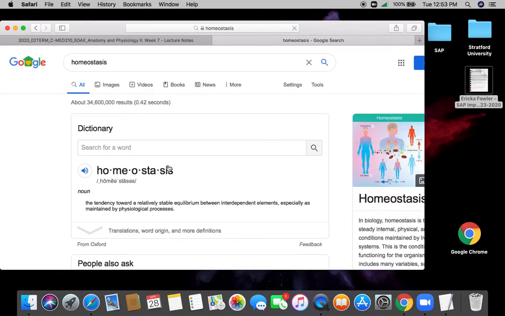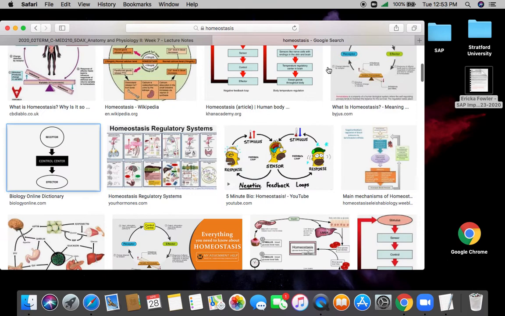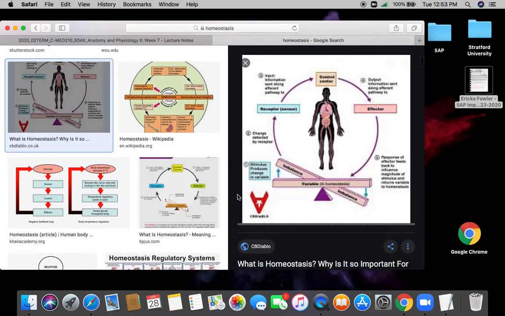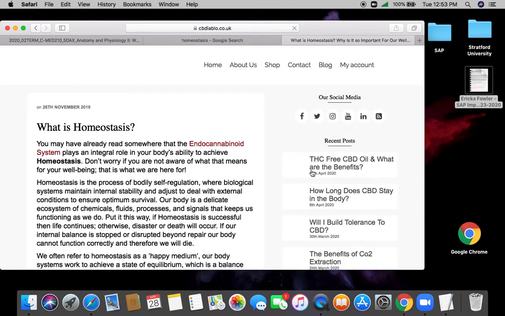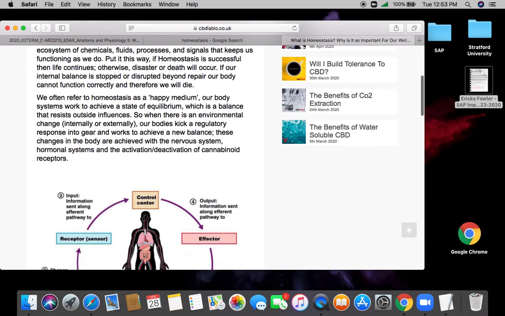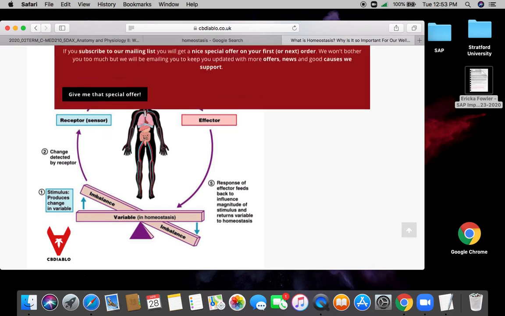And this thing that maybe you've seen in anatomy and physiology 1, you probably saw this drawing before. This is essentially what happens to your entire body to keep you stable. Homeo means same, stasis means to stand in one place.